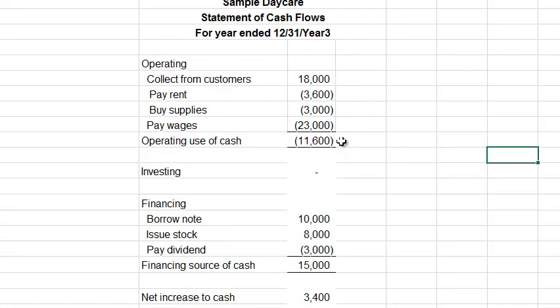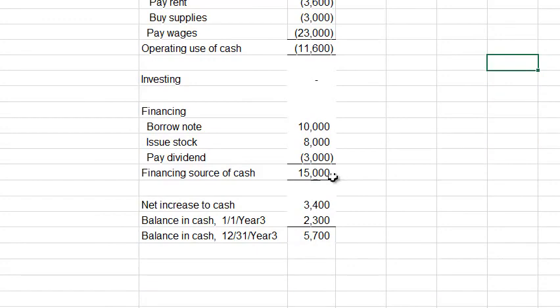We didn't have any investing transactions in this case. We had 3 different financing transactions. They're detailed here. They add up to $15,000, and as we've already discussed, the sum of our operating, investing, and financing transactions have to add up to the change in cash during year 3 of $3,400.